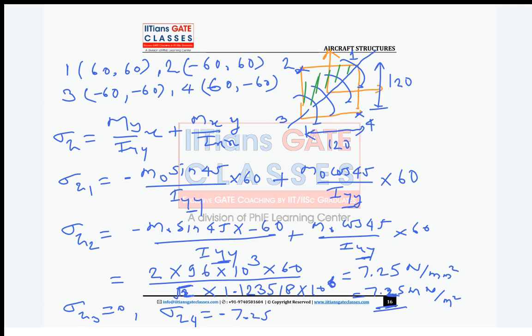Yes or no? Okay. It is symmetric about both the axes, and Ixx equal to Iyy because it's a square section.